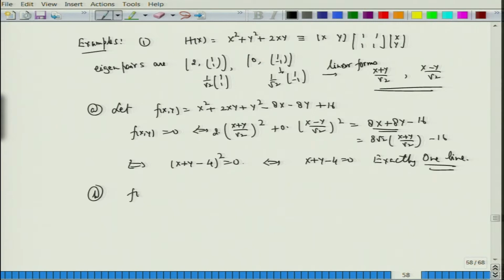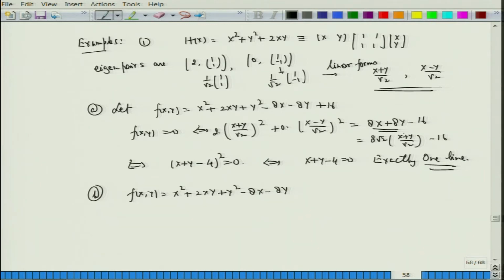B. I define, so I take f(x, y) as x square plus 2xy plus y square minus 8x minus 8y here. Fine. So this tells me that again I have x plus y, but there is no constant here. Alright. So if you look at this part, in the earlier case I could divide by 2 and 2 and proceed. So I could get only a complete square there. Here I will not get the complete square.